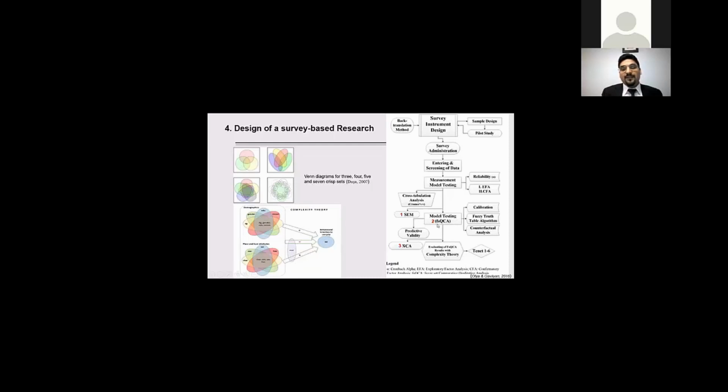Apart from this, you need to check predictive validity. Maybe this is new to many researchers. In the next slide, I will provide more examples. I will explain how they can check predictive validity. And the last analysis that identifies necessary conditions is NCA, necessary condition analysis.